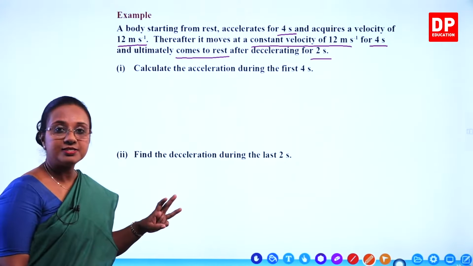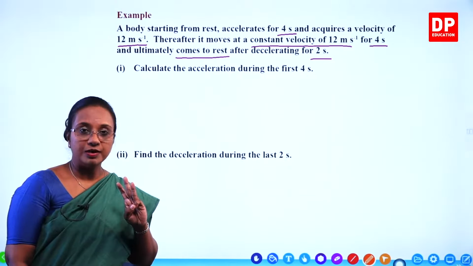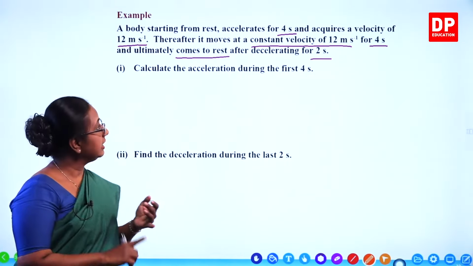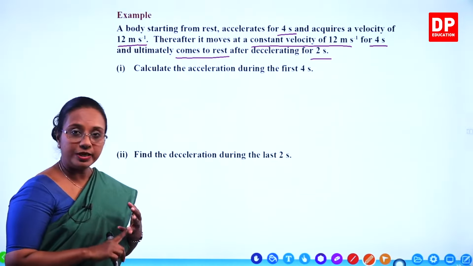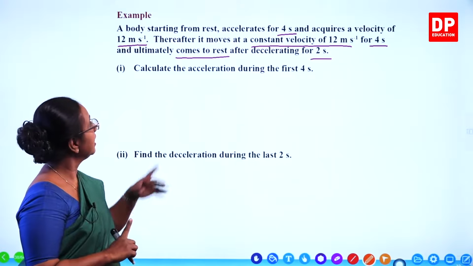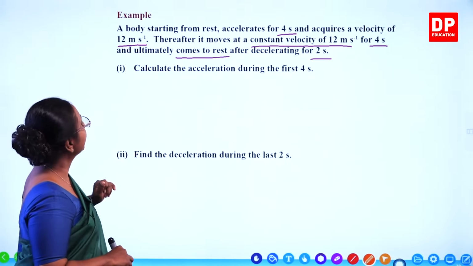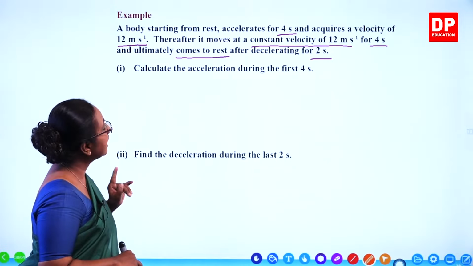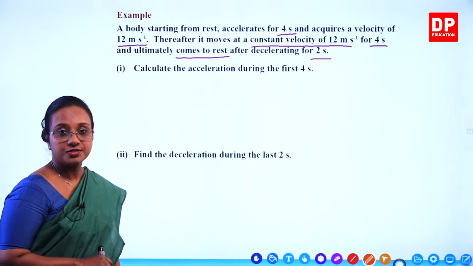So as you can see, the object has 3 types of movement included here. Initially it is accelerating for 4 seconds, then moving with constant velocity and then decelerating. So the first question is, calculate the acceleration during the first 4 seconds.